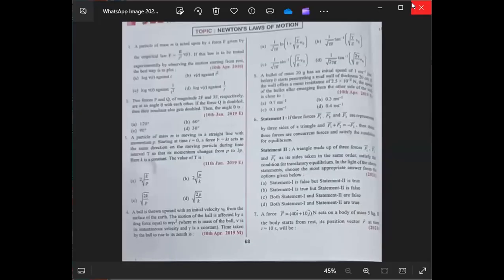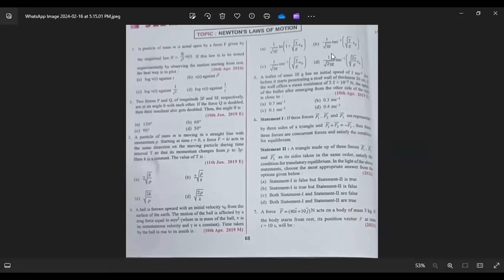You can see on the screen, I share the screen. This is unit number 3 from grade 11, your Newton's laws of motion.